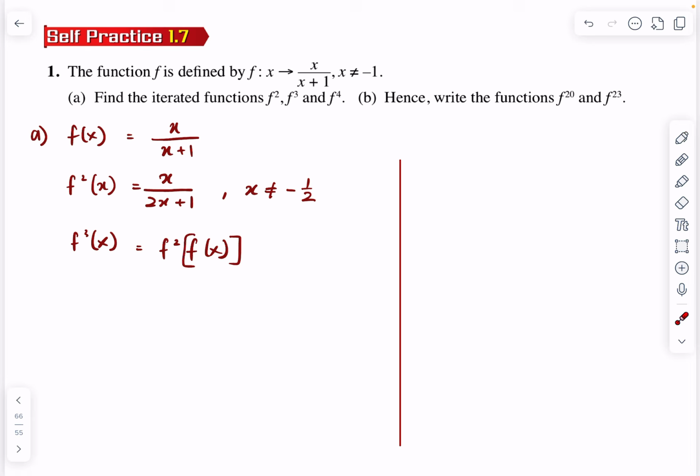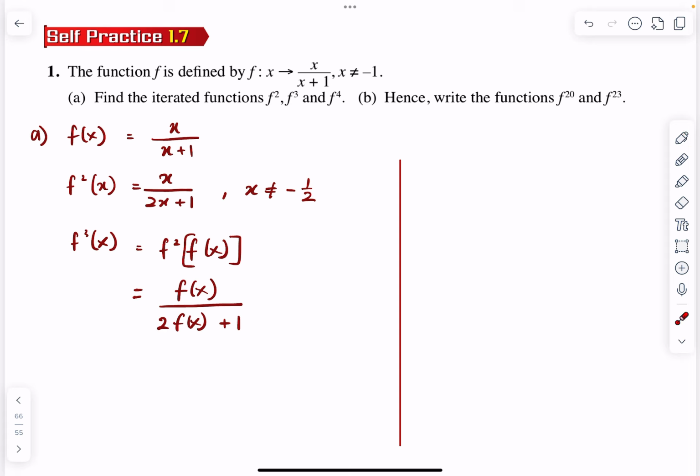Now we know f square x is x over 2x plus 1. F square y is y over 2y plus 1. So f square of f(x) would be f(x) over 2 of f(x) plus 1.